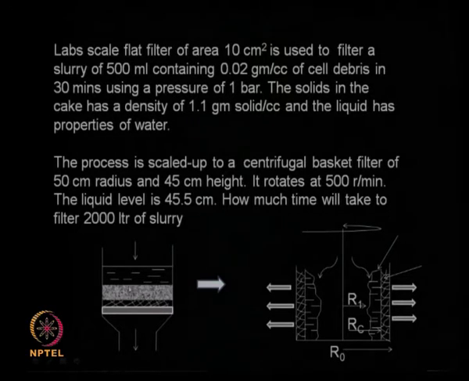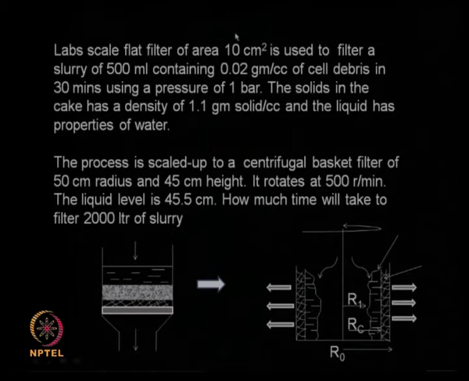You assume the properties of the solid to be the same when you move from the lab scale right up to the manufacturing scale, that is important. So you calculate the properties of the cake from the lab scale data and then put that inside the equation for the centrifugal filter and calculate the time required.